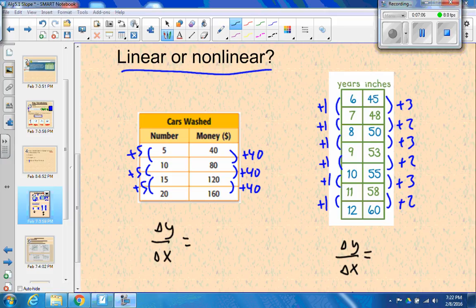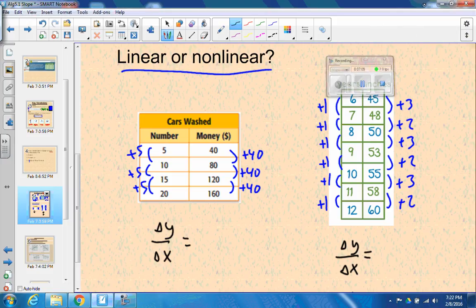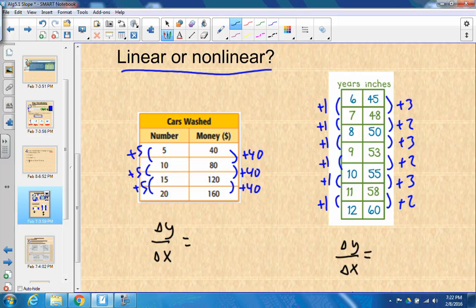Alrighty, so I labeled all the changes in the x's and the y's for both of these. If we look at the one on the left, every time the x goes up by 5, the y goes up by 40, or the number goes up by 5, the money goes up by 40.